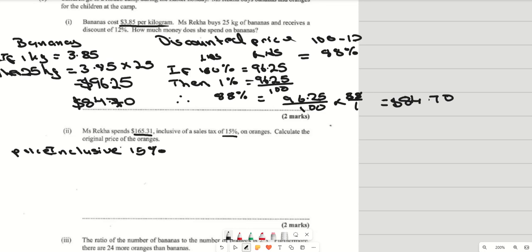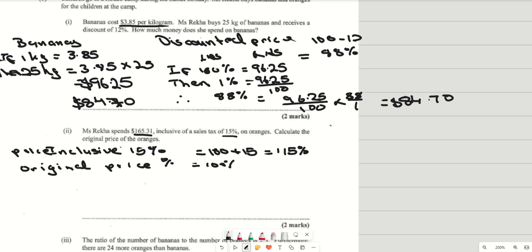Price inclusive of 15 would be 100 plus 15, which is equal to 115%. And your original price, that is before any increase or decrease, would be 100%. So basically, they're telling you if 115% is equal to 165.31, what is 100%?